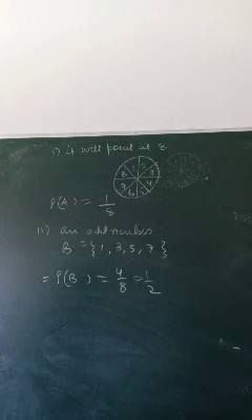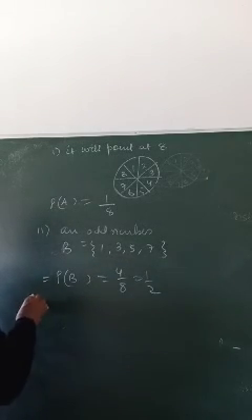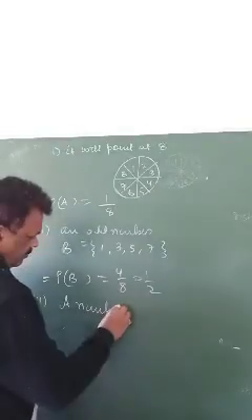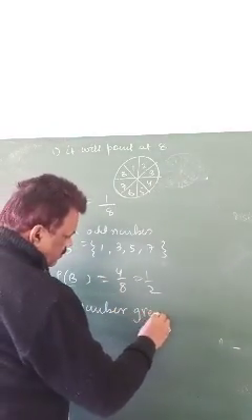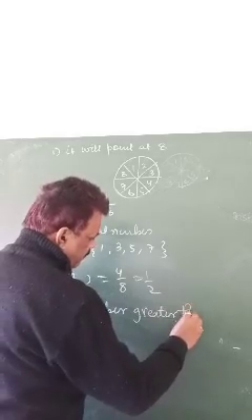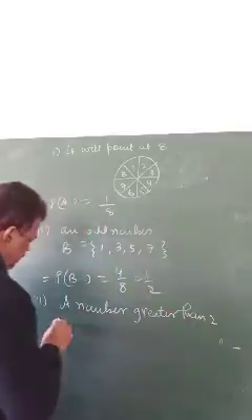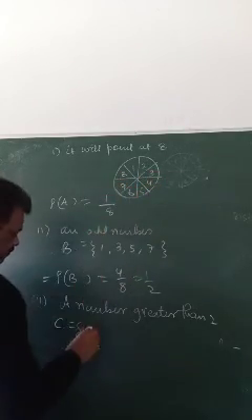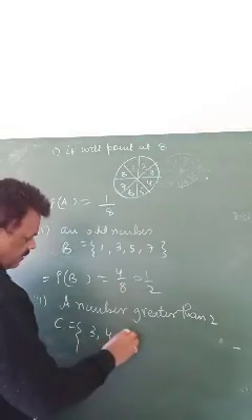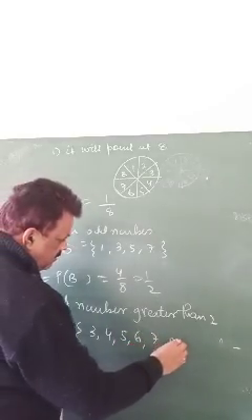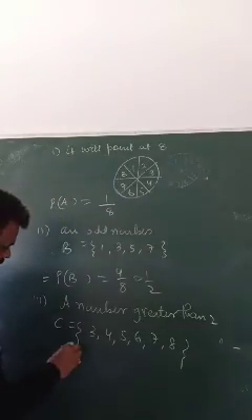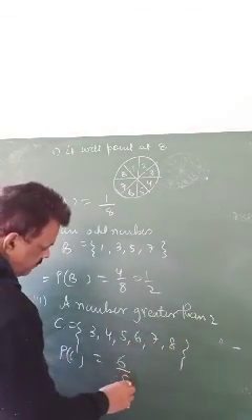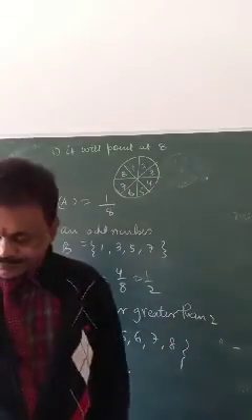Then a number greater than 2. Which are the numbers greater than 2? 3, 4, 5, 6, 7, 8. So what is the probability of C? 6 by 8. You can simplify.